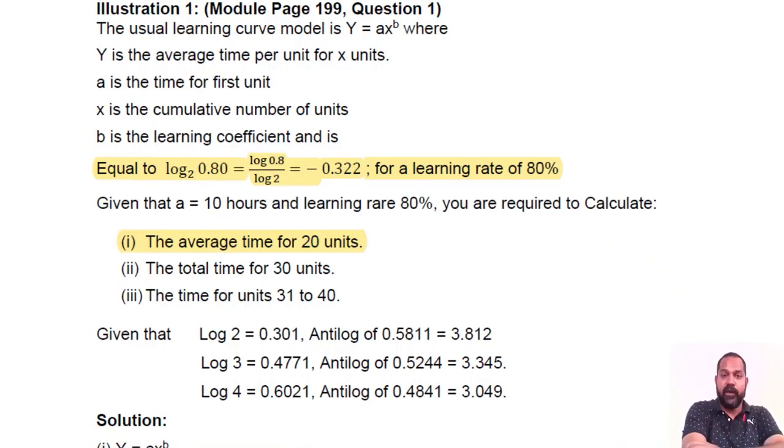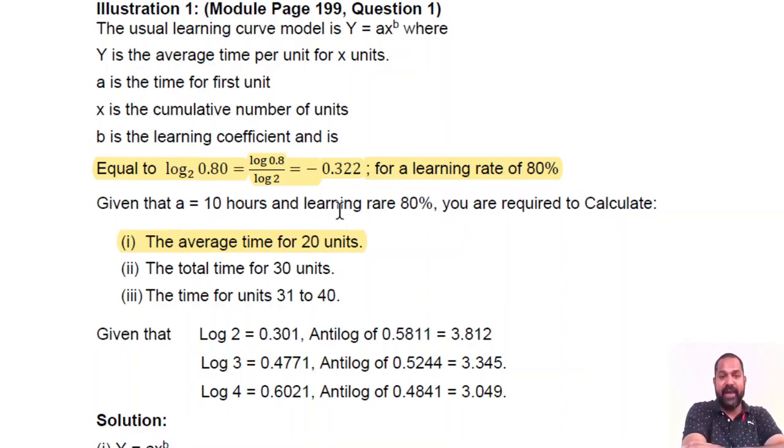The usual learning curve model is y equals ax raised to b, where y is the average time per unit, a is the time taken for the first unit, x is the cumulative number of units, b is the learning coefficient, where b is given by log of 0.8 to the base 2, which is log of 0.8 divided by log 2, which is a negative 0.322 for a learning rate of 80%.